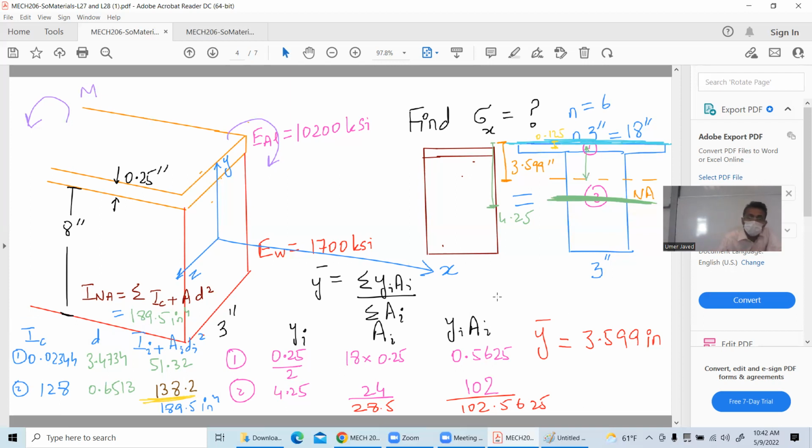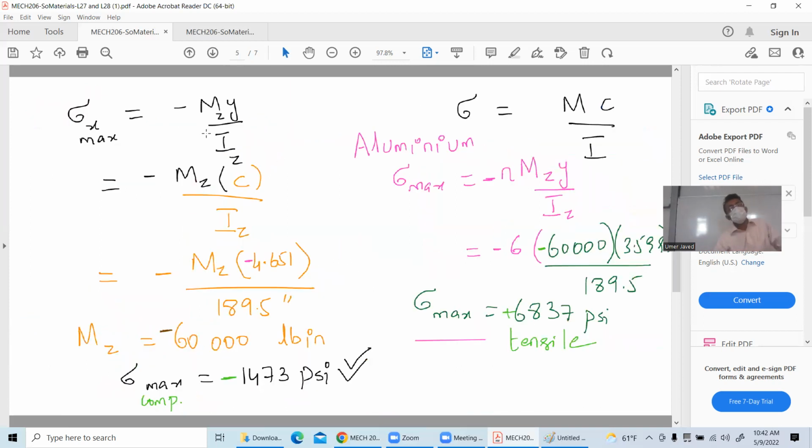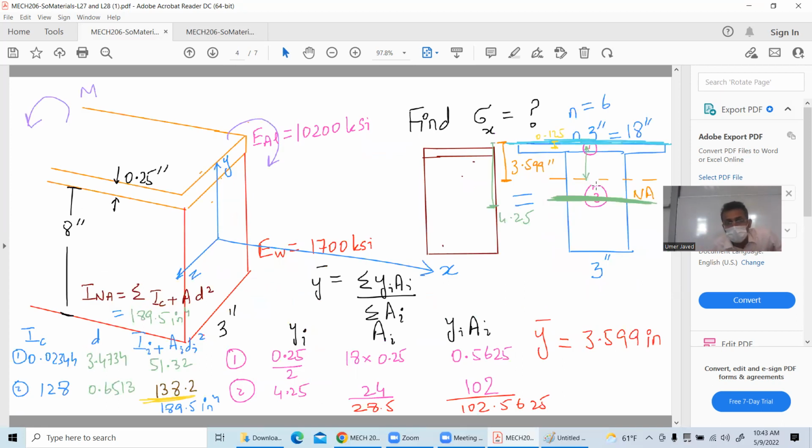When I found all of them, I said stress is equal to minus My over I. The same old game that we keep on playing. You have all gone through midterm one. You know this formula. I found the stress by substituting the appropriate y. Then I immediately realized that these stresses are for the hypothetical structure, right? Because right now I replaced everything with the wood. Oh, come on, I have to talk about aluminium, right?